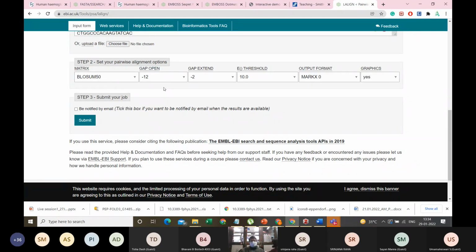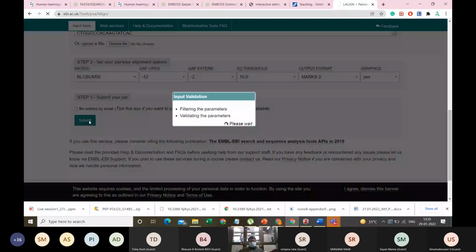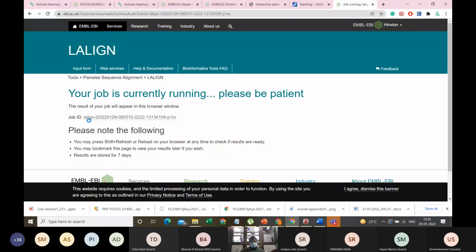For each extension, where there is a gap and it extends, the score will start giving minus 2. So if there are two gaps, for opening it will be minus 12, and then for extension minus 2, so it will be minus 14. I'm not changing anything, just to check how the result comes. You all can change all this and look at it.